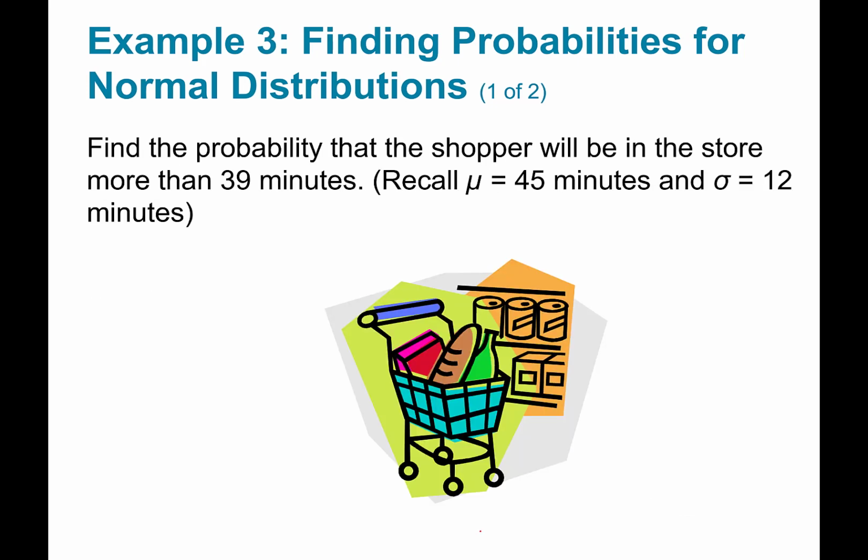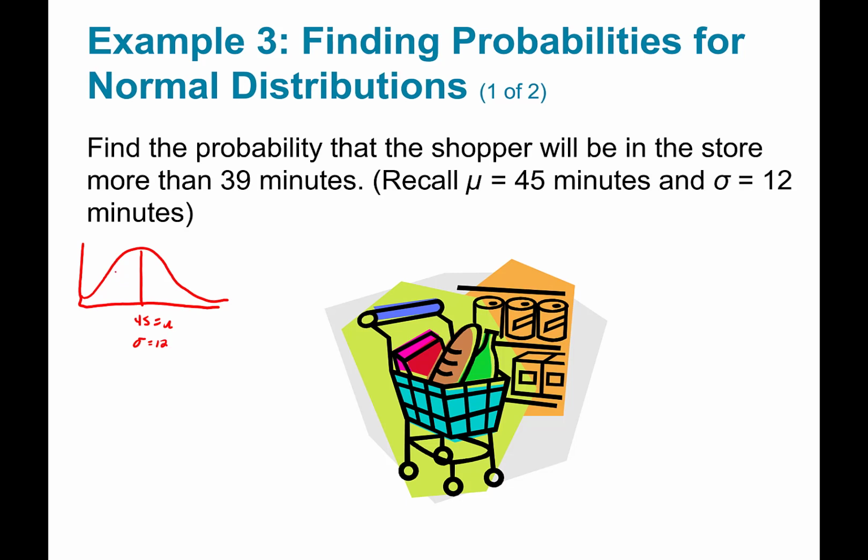Now, same scenario, let's find the probability that a shopper will be in the store for more than 39 minutes. So same idea, we've still got the same setup. So we know our mean is still 45. We know standard deviation is still 12 minutes.